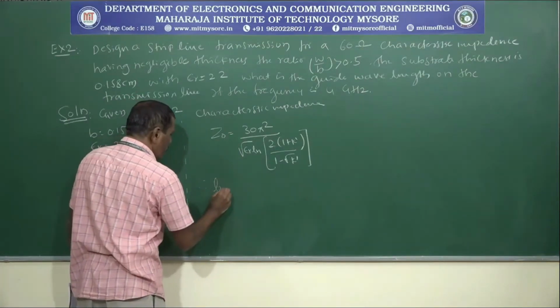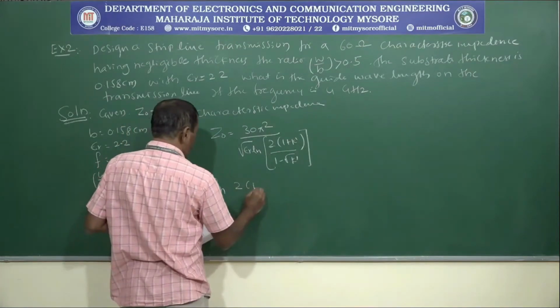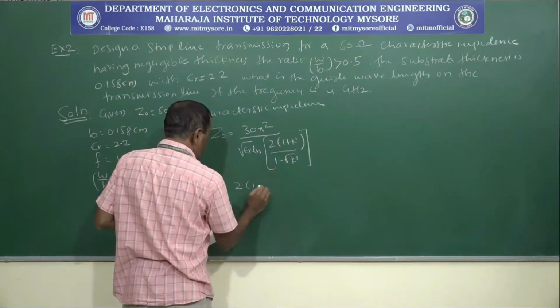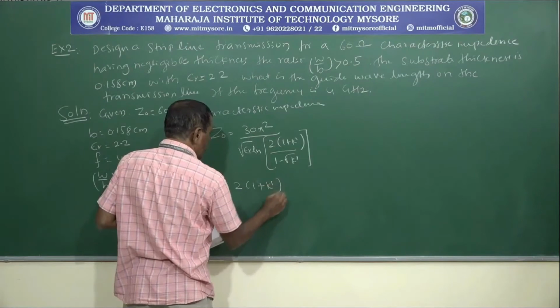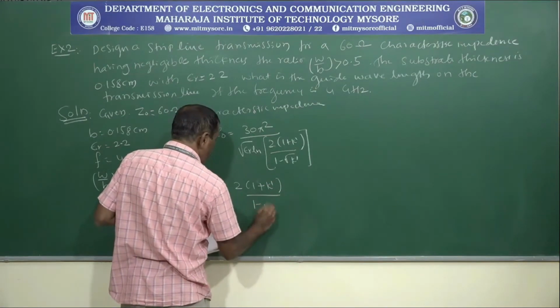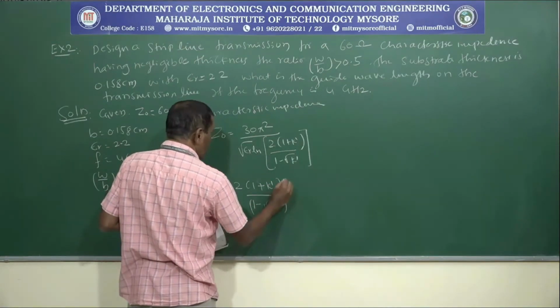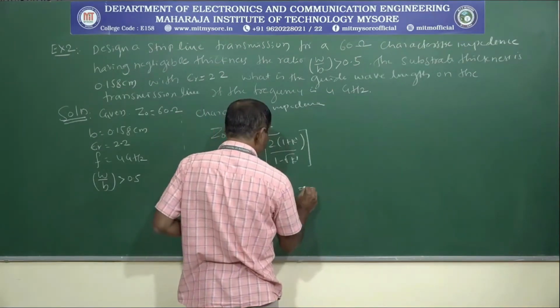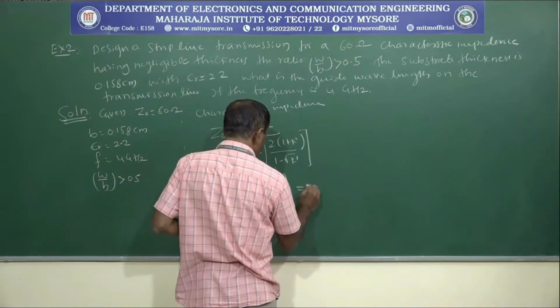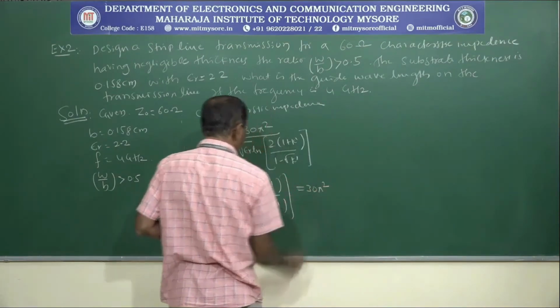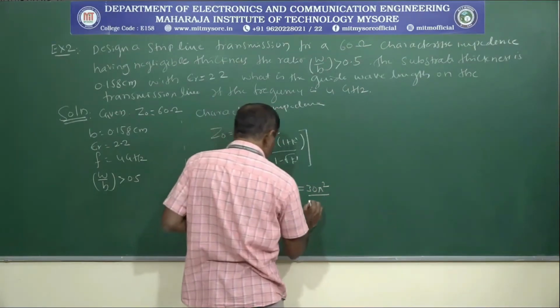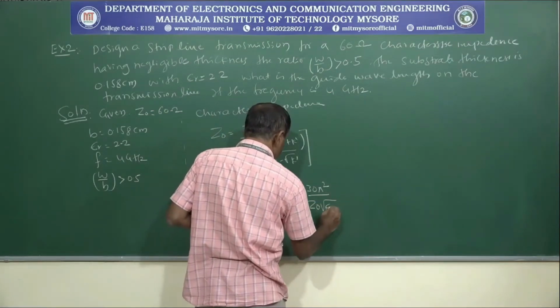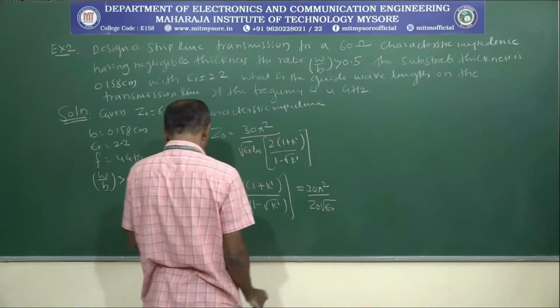Therefore, log n of 2 into 1 plus root of k dash divided by 1 minus root of k dash is equal to 30 pi square divided by Z0 into root of epsilon r.